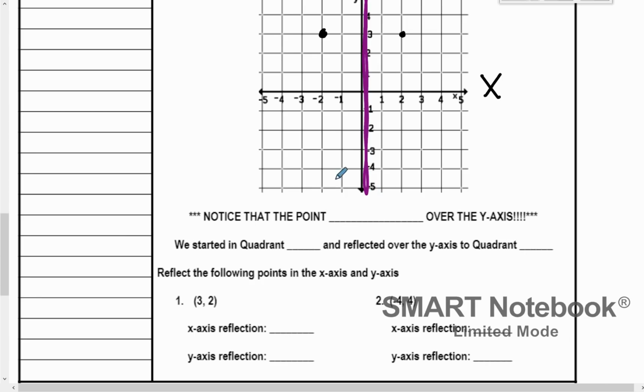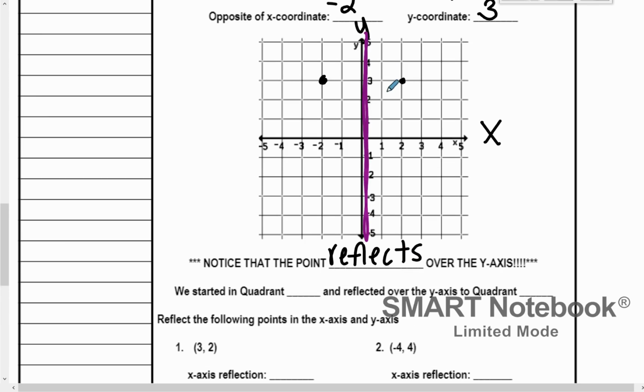Okay, so notice that the point reflects over the y-axis. We started in quadrant 1. We reflected over that y-axis to quadrant 2.